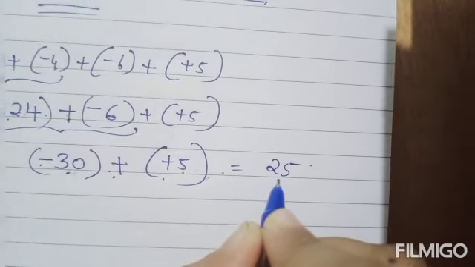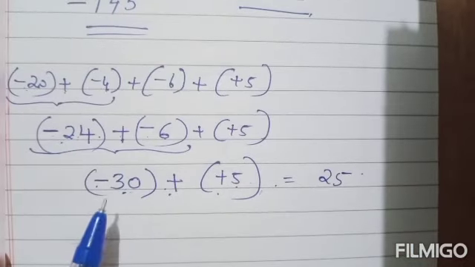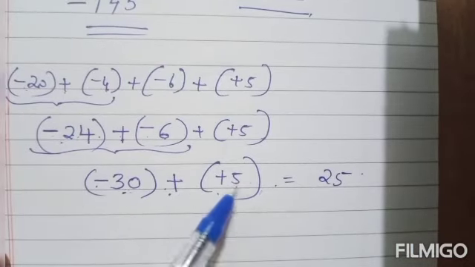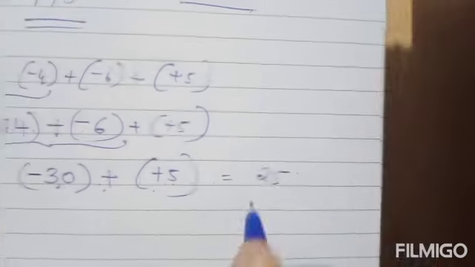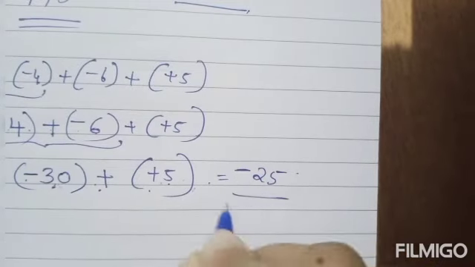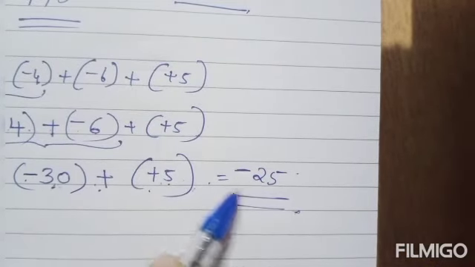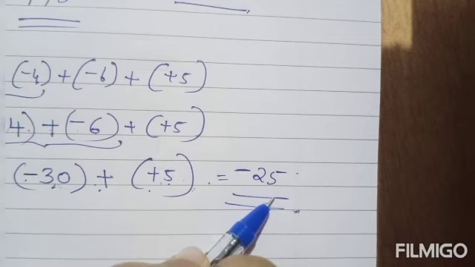Now what will be the sign? Sign of the greater integer. Among 30 and 5, 30 is greater. Okay, what is its sign? Minus. So in the answer also minus sign will come. Minus 25 will be the final answer.